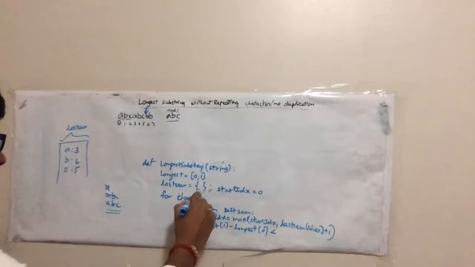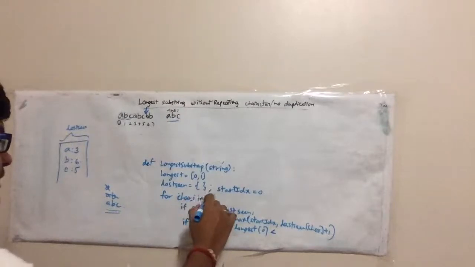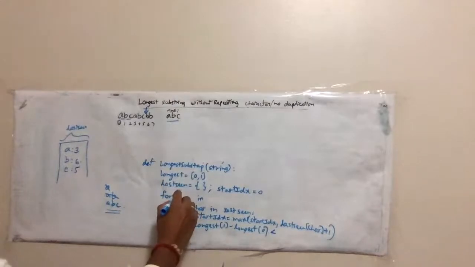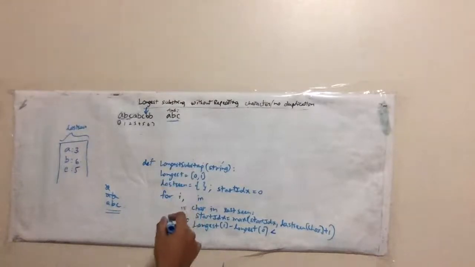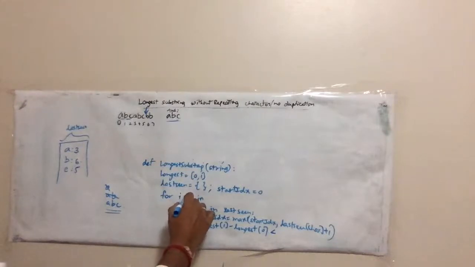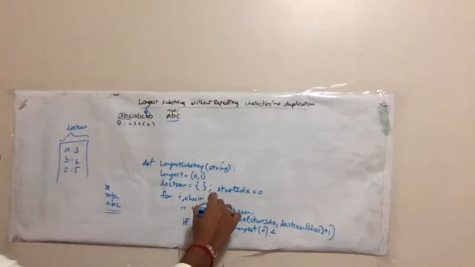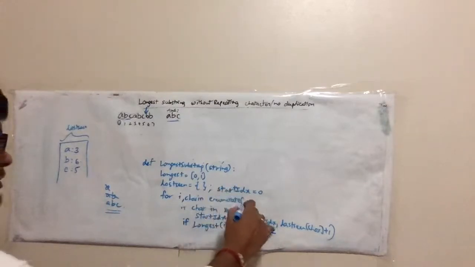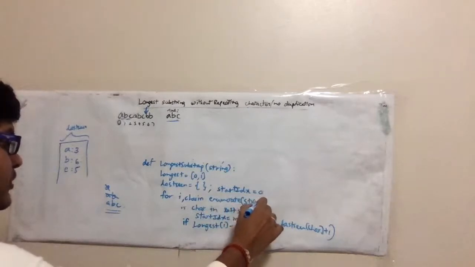We can just get the I here, and the first one, when we enumerate, would be the index, and the second one would be the value. So enumerate on the given input string.